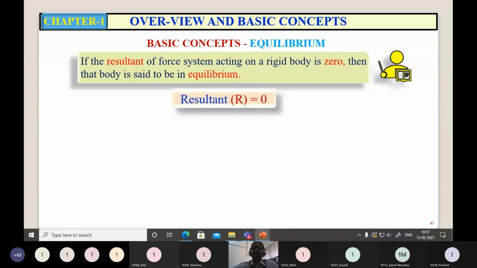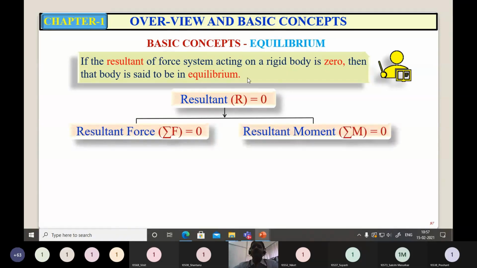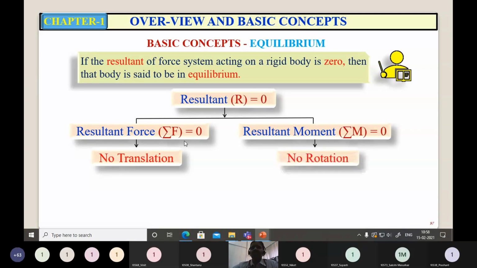So when the resultant force is 0, there is no translation. Resultant moment is 0, there is no rotation. Then you can say that the system or the body is in equilibrium.